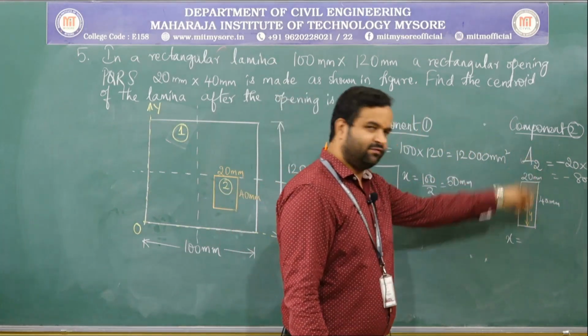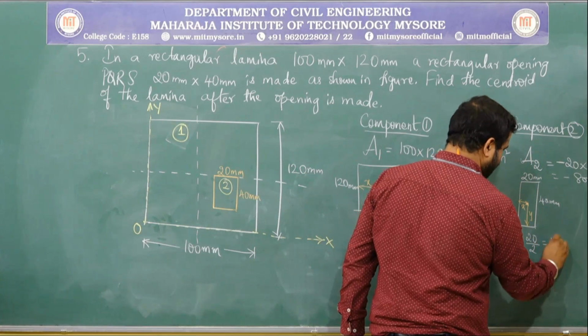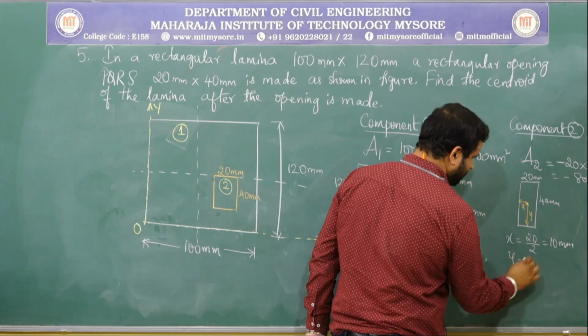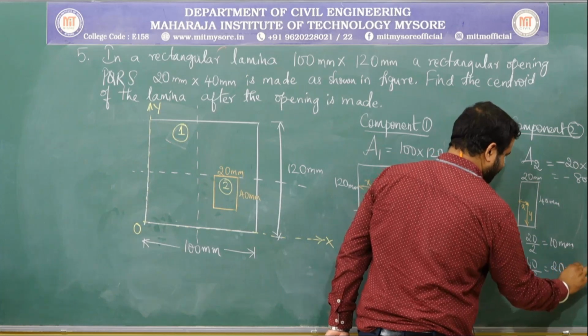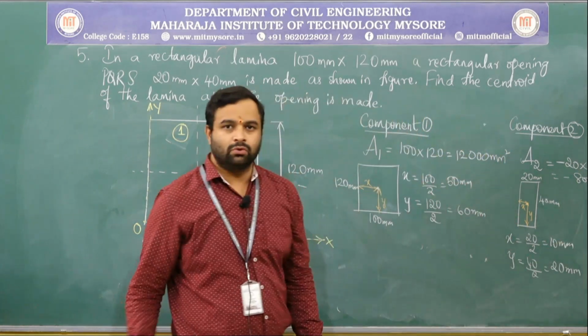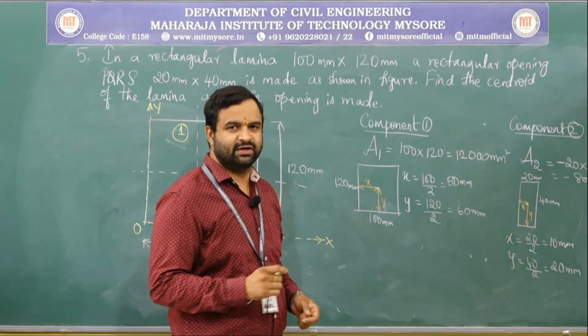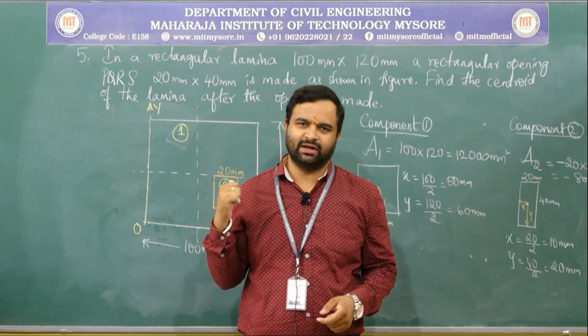It is half of 20, and for the y component it is half of 40. No need to write a negative sign for these x and y components, because it is to be measured with respect to the reference axis or the coordinate axis.